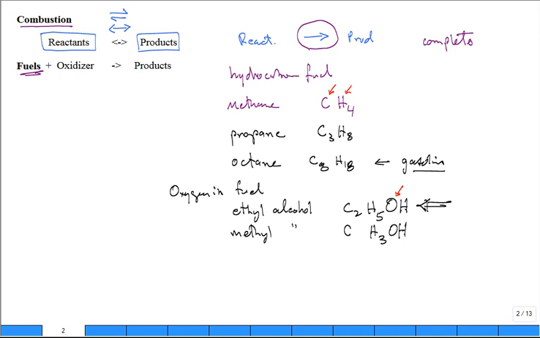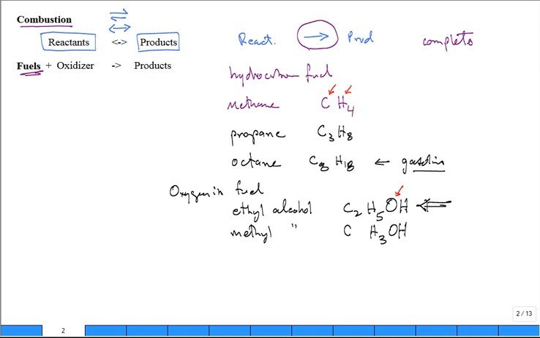That oxygen helped it burn a little cleaner. And so in the EPA non-attainment zones, where they have problems with air pollution, they mandate one of the remedies to help reduce the air pollution is to have some oxygenated fuel. So have up to 10% ethanol mixed with the gasoline.